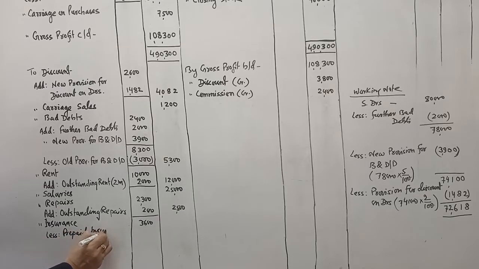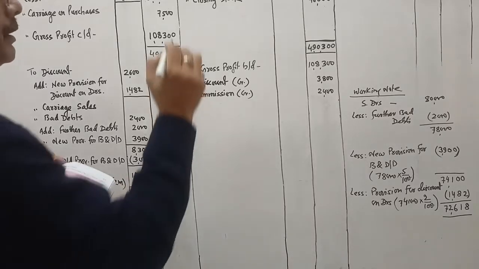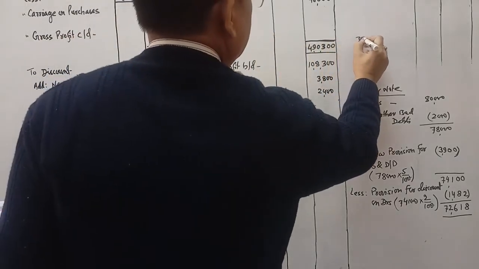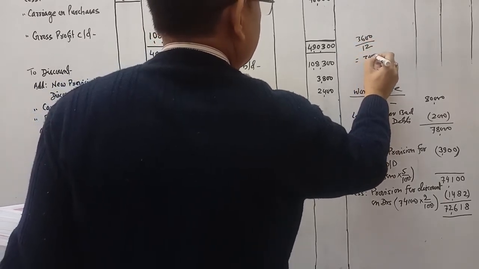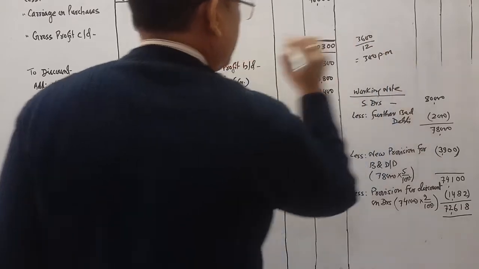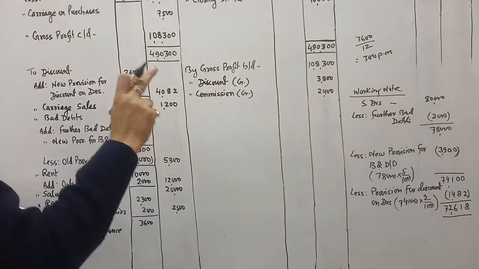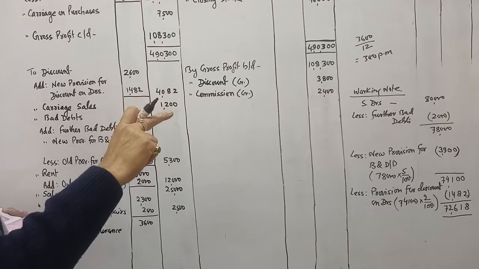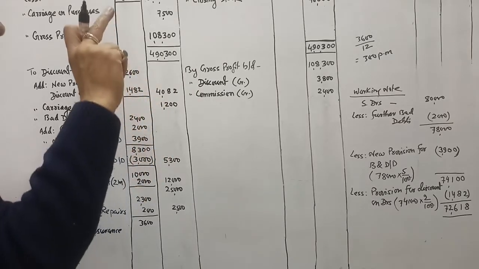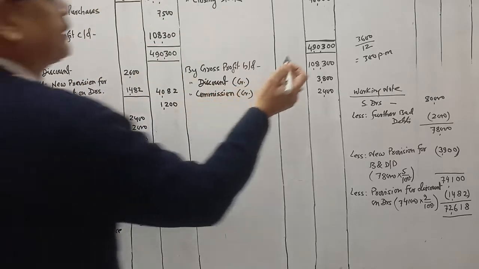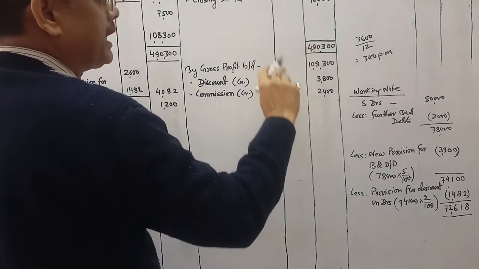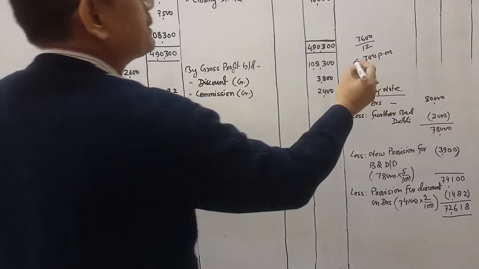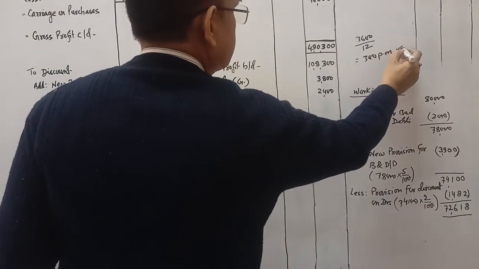How will we calculate the prepaid insurance? This insurance is annual, so if you divide it by 12, it is 300 rupees per month. 3 months premium, January, February and March, is related to this financial year, and the rest is related to the next financial year, that is 9 months.